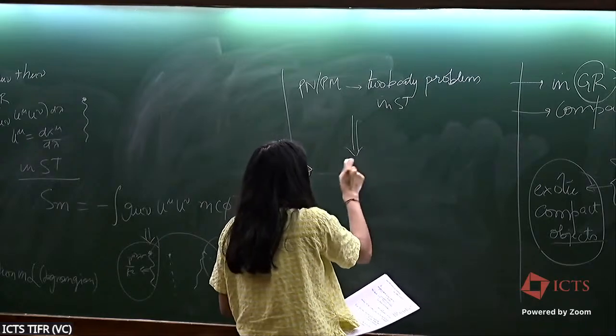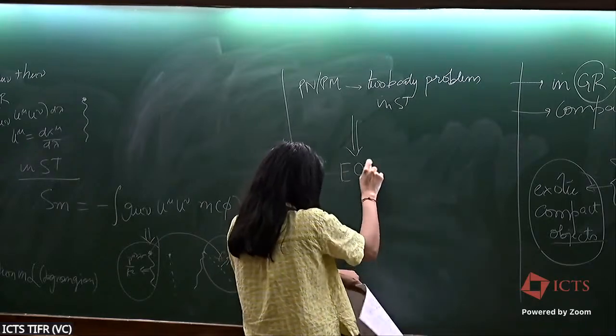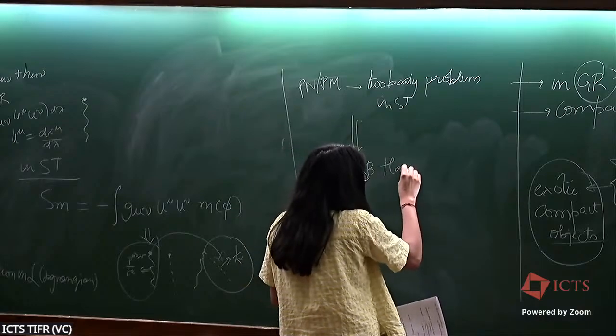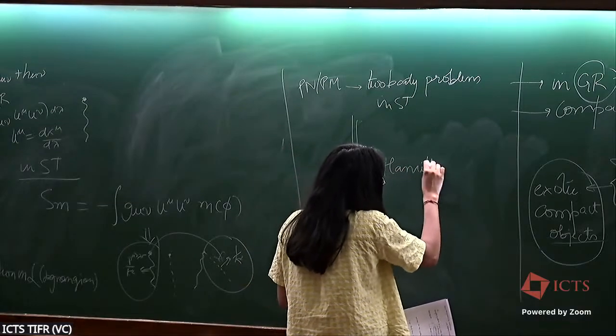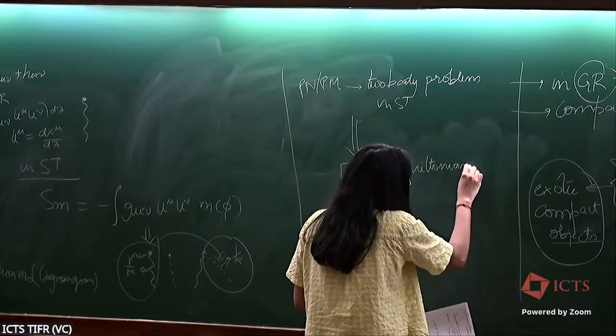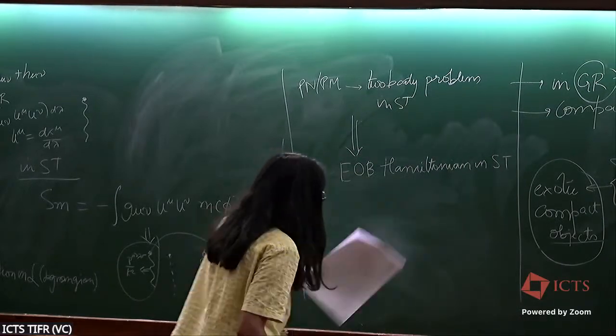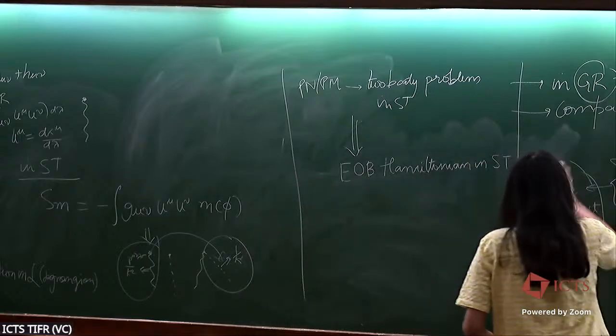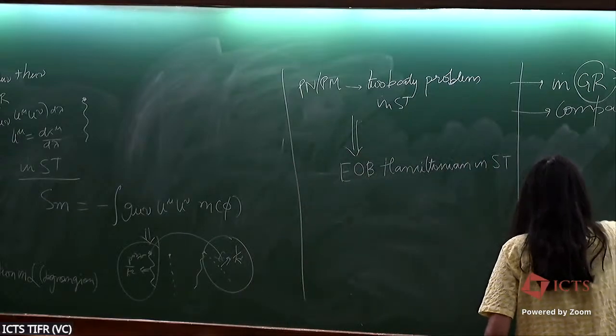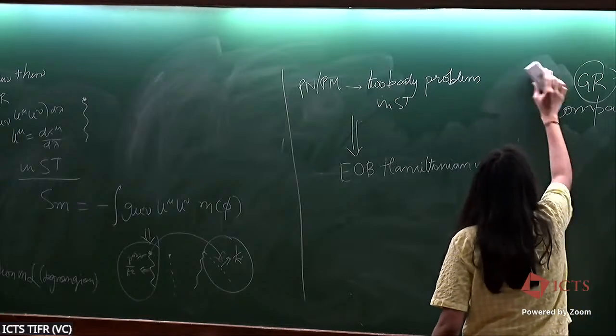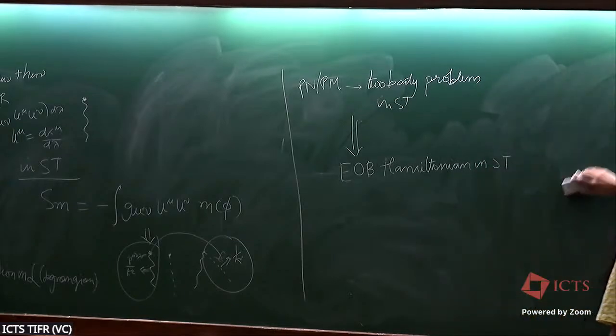And this is mapped to the EOB Hamiltonian in scalar tensor. So this we can do directly, but what does working in scalar tensor also imply? Like what kind of a physical effect can you observe? Because that's what I said.